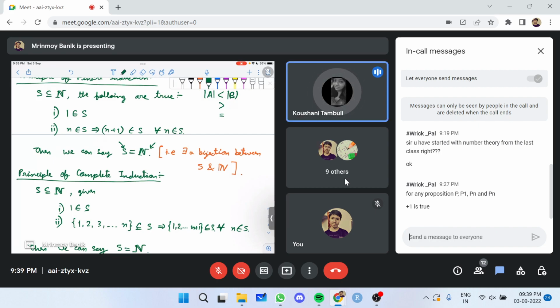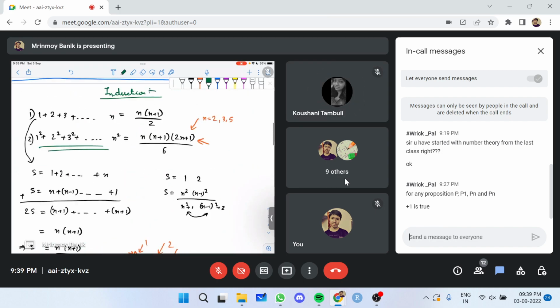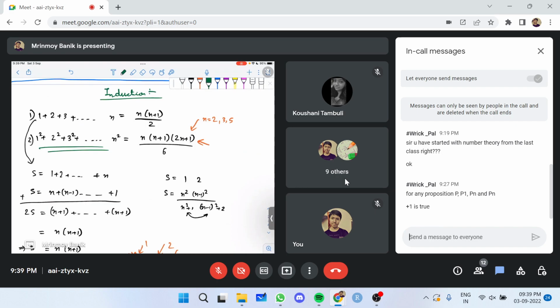So you have to prove the sum of the squares of the first n natural numbers is equal to n into n plus 1 into 2n plus 1 by 6.